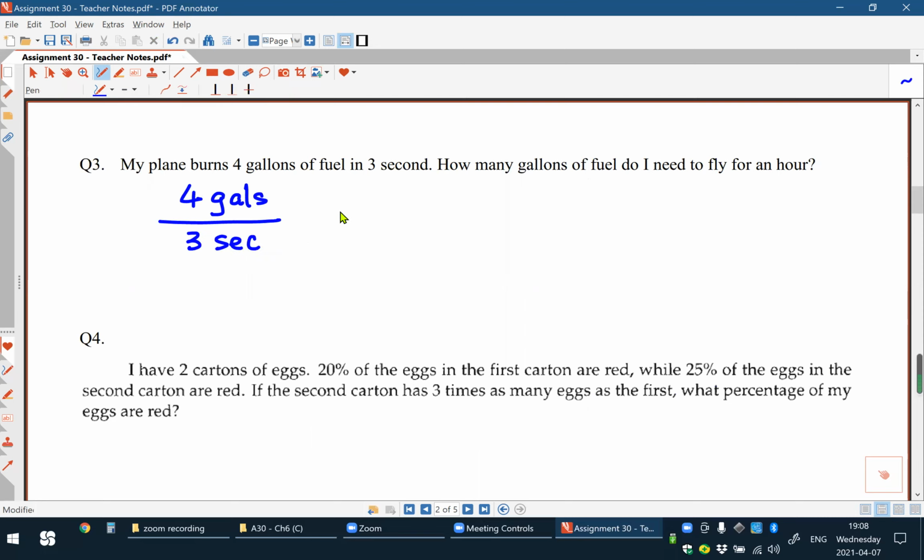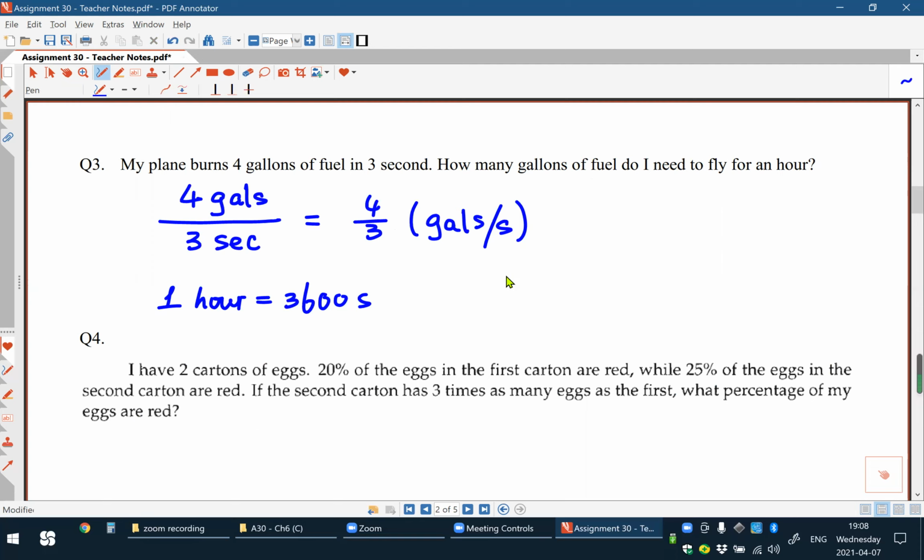Okay, that means for 1 second, you will consume 4/3, right? So 4/3 gallons per second. And how many gallons of fuel do I need to fly for 1 hour? 1 hour is 3600 seconds, right?